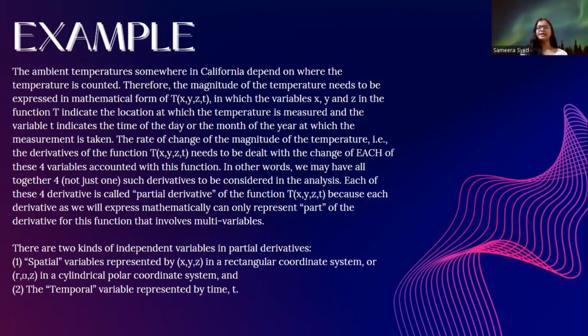There are two kinds of independent variables in partial derivatives. One, spatial variables represented by x, y, z in a rectangular coordinate system, or r, z in a cylindrical polar coordinate system, and two, the temporal variable represented by time t.